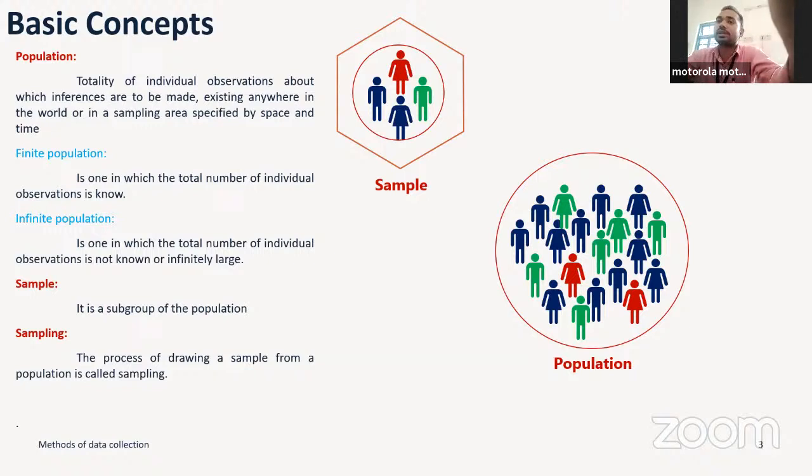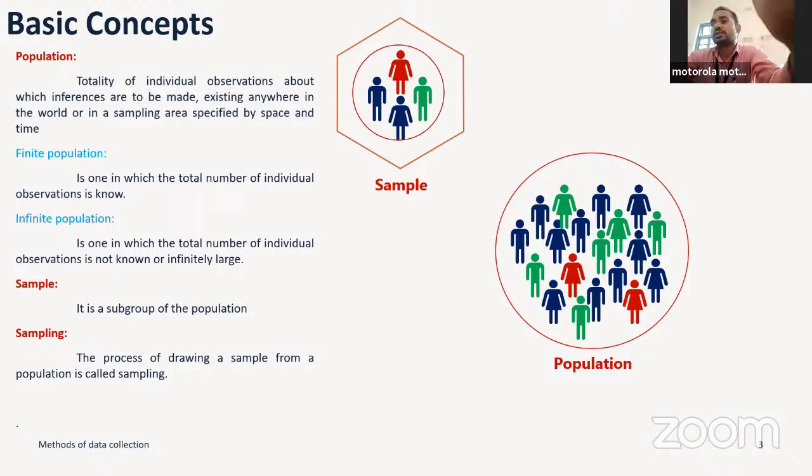So instead of studying the whole population, we can withdraw a small number of samples from it, and we can do our statistical analysis and routine experiments based on those samples. So we call it a subgroup of the population.